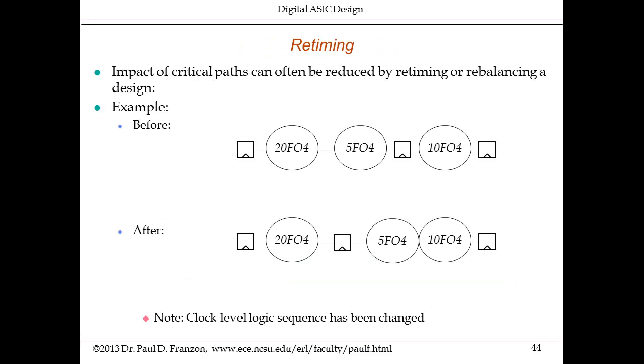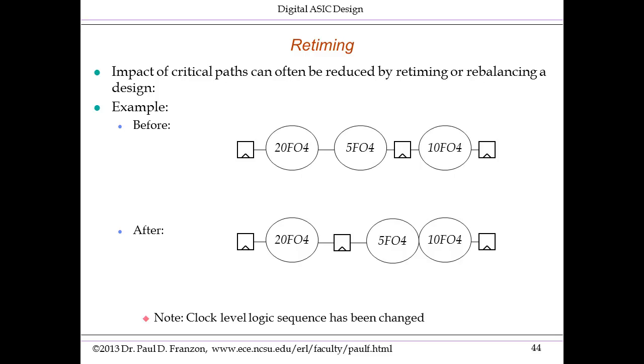Finally, I want to introduce you to the concept of retiming. This is conceptually a simple concept in that if you have a critical path that's determining your clock period and you want to make the design overall faster, you sometimes have the opportunity, particularly in a pipeline structure, to move logic to a different stage of the micropipeline.